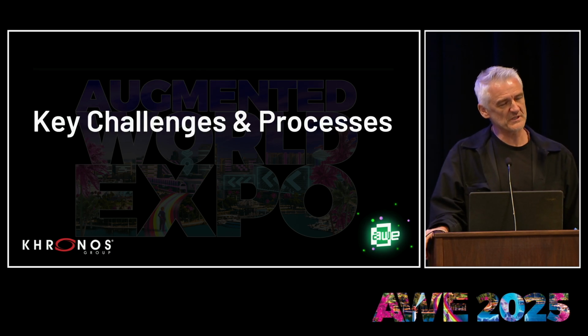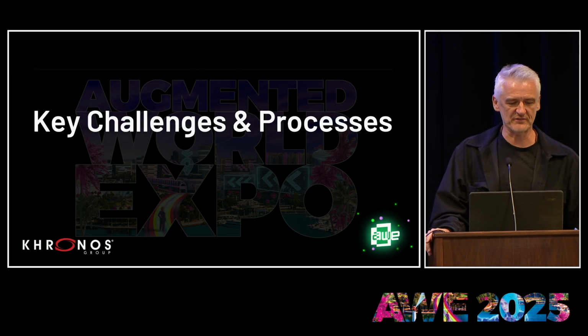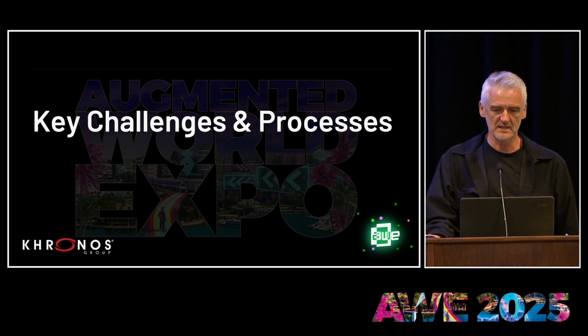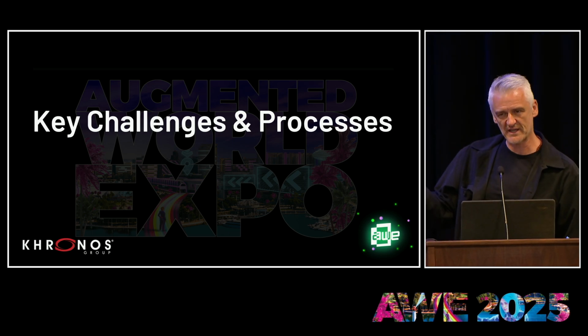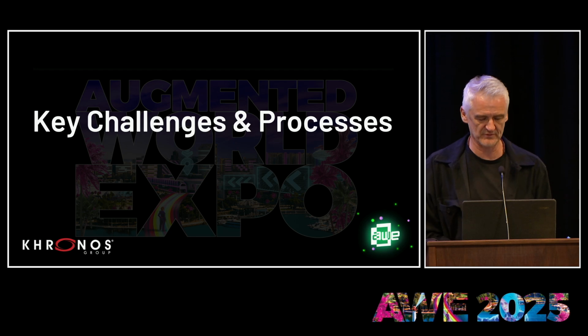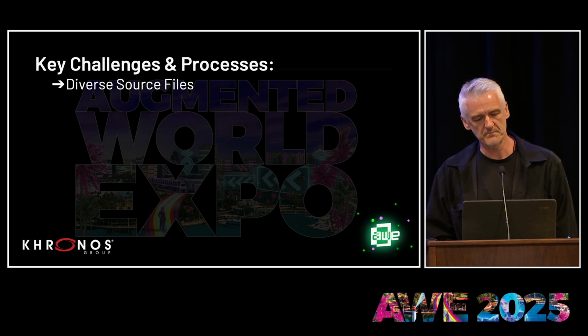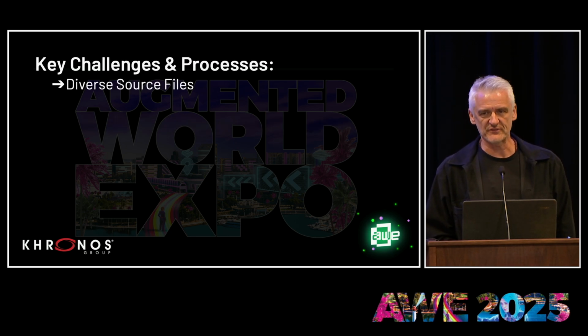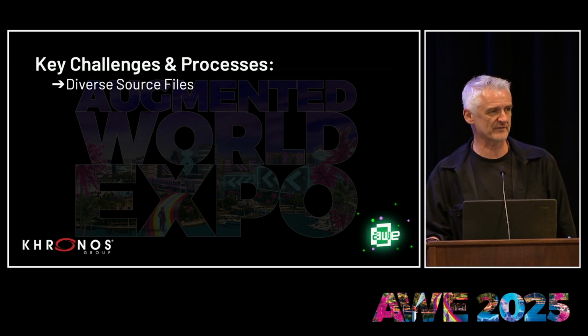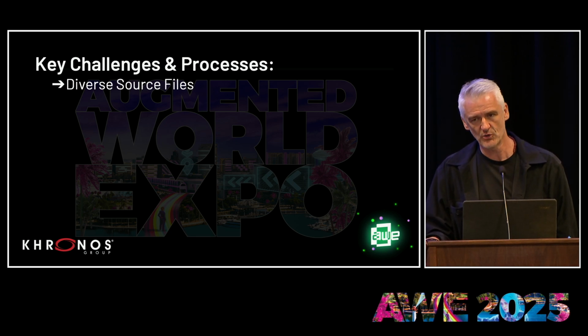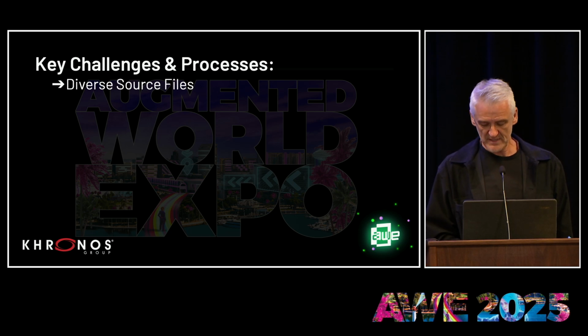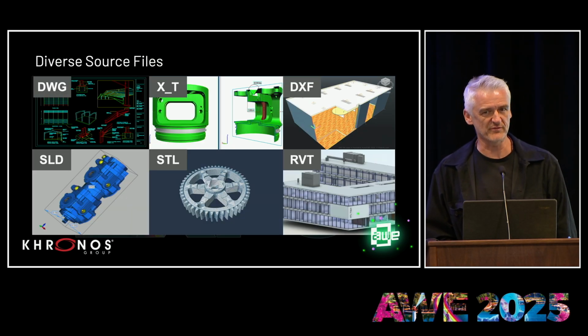We would like to talk to you a little bit about the key challenges and processes around that. I'll start and then we'll each take a turn and go through some of those use cases. One of the biggest challenges that we found at London Dynamics, as an example, is that a lot of clients have CAD data for manufacturing or design, but it comes in many different types of file format.